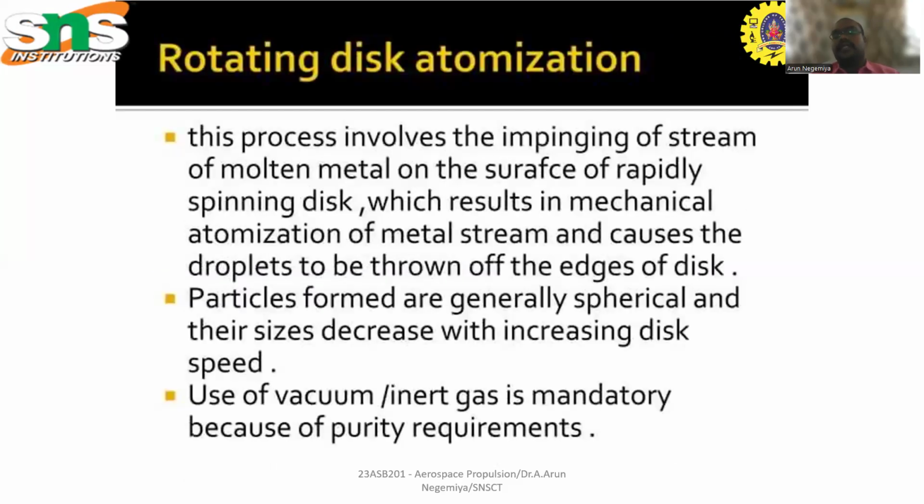Next one is the rotating disk atomization. In that, two disks can be fitted in that area. The molten metal can be poured between the two disks. The two disks will be rotated in opposite directions.